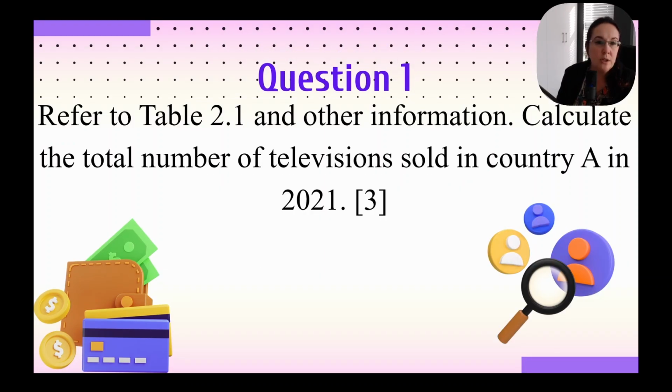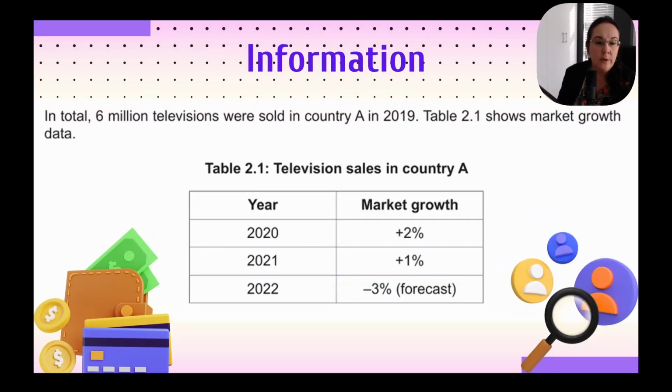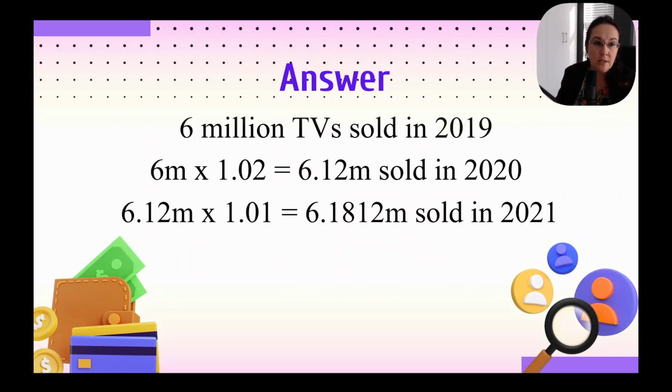Remember, the question wants us to calculate the total number of televisions sold in country A in 2021. In 2019, the televisions sold were 6 million. So in 2020, the data is showing it's going to increase by 2%, so I have to work out an extra 2% on that. If we take 6 million and add another 2% on top of that, we get 6.12 million sold in 2020.